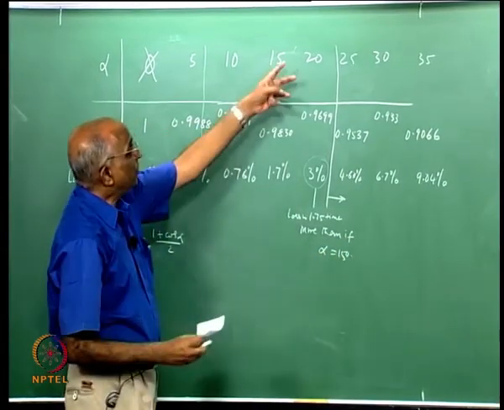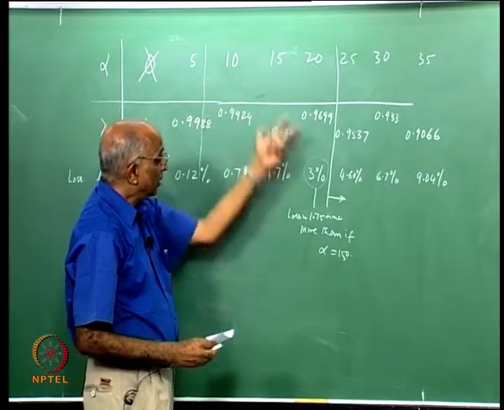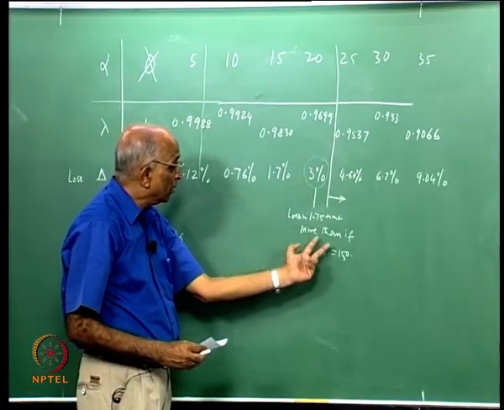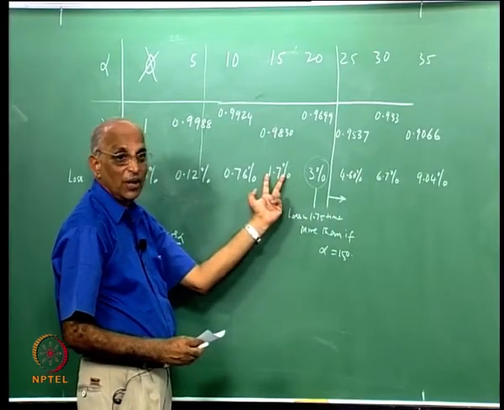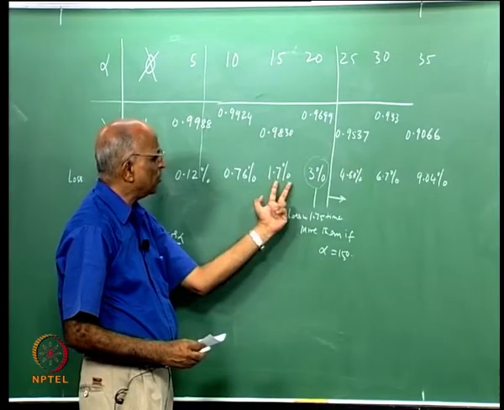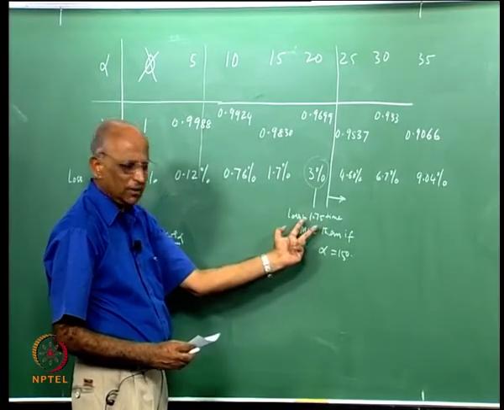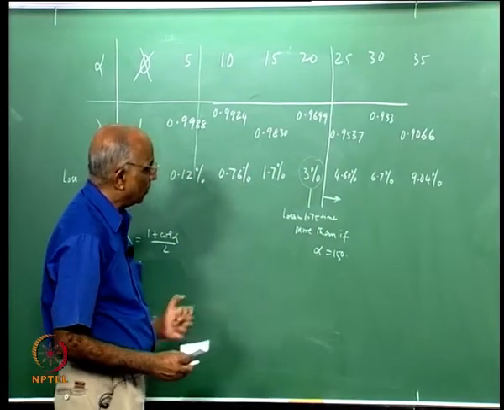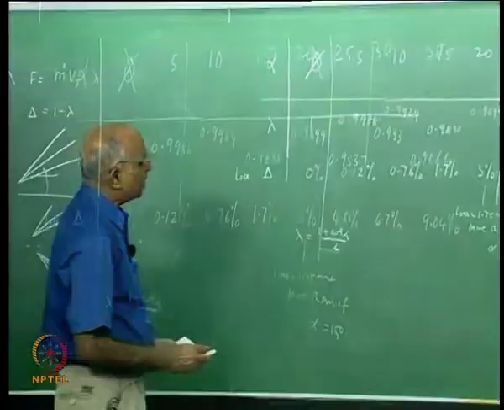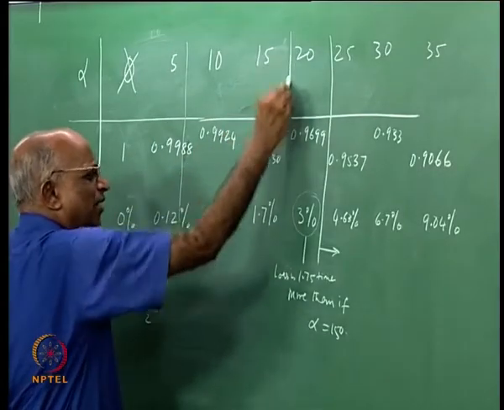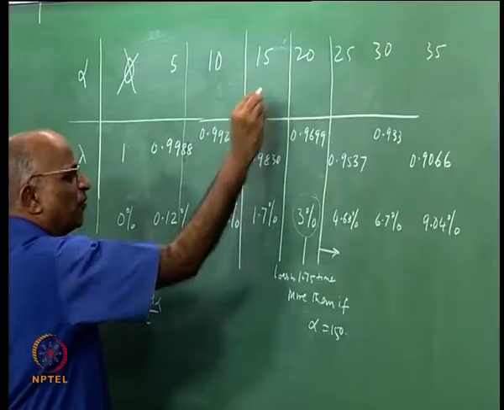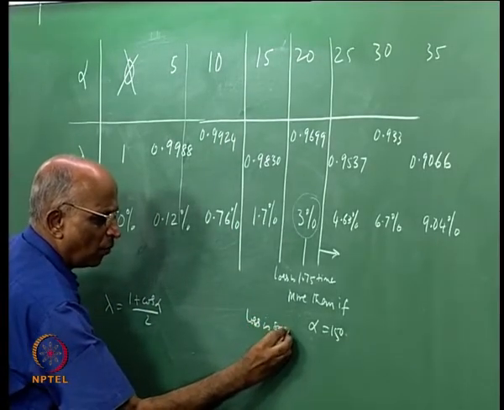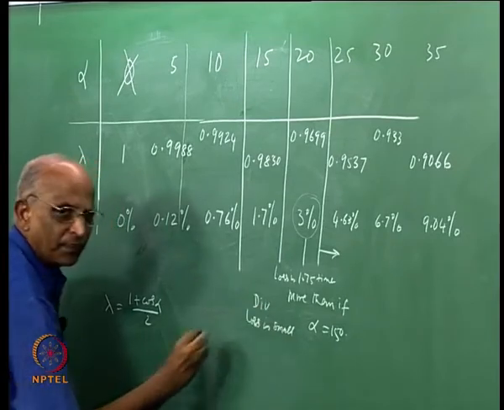In other words, if the half divergent angle was 20 degrees, the loss is quite heavy, 3 divided by 1.7, which is 1.75 times more. Therefore, the general practice is to adopt some value around 15 such that the loss is somewhat small. What loss? The divergence loss.